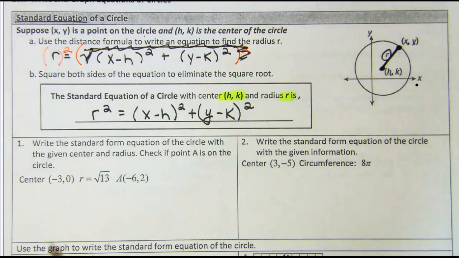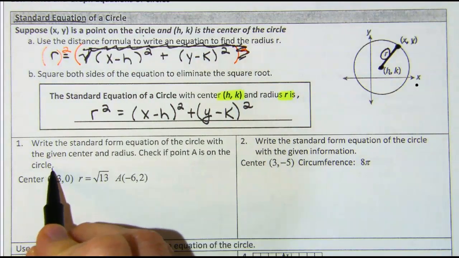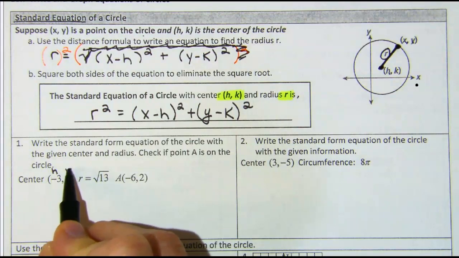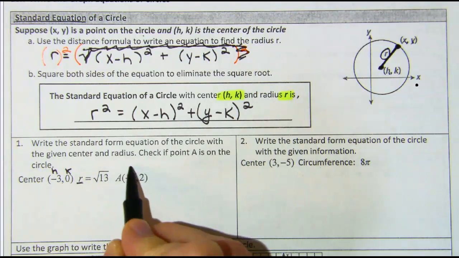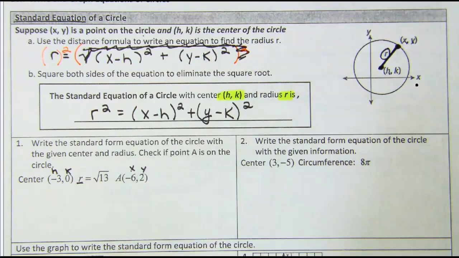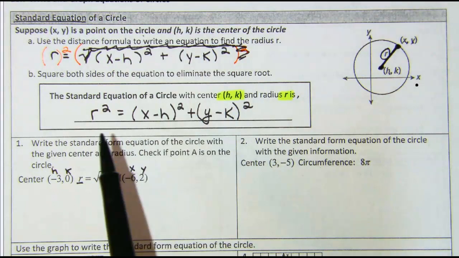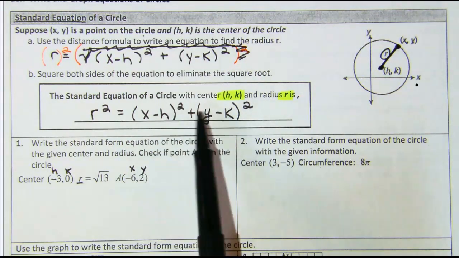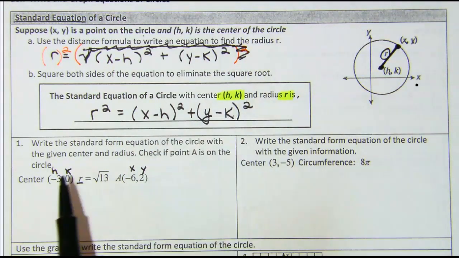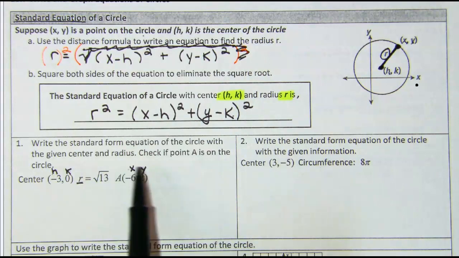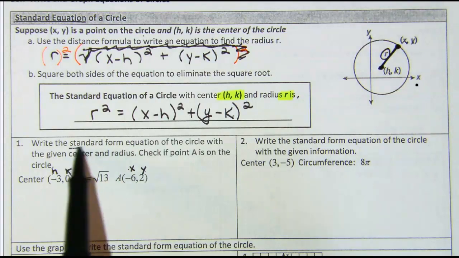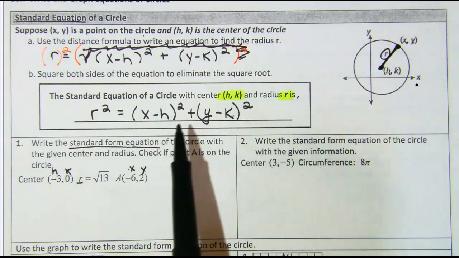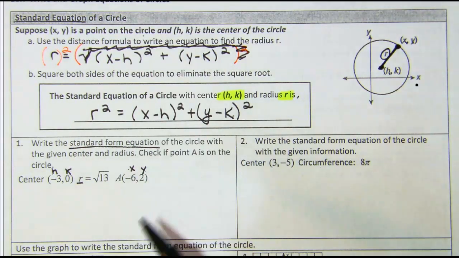So I need you to notice that the coordinates of the center will be h and k, and the radius, of course, will be r, and this right here is an x, y coordinate. So if you look in the previous equation, we have 1, 2, 3, 4, 5 variables. Here, 1, 2, 3, 4, 5 variables. So if we are going to write the standard form of an equation, we need to know all 5 things.